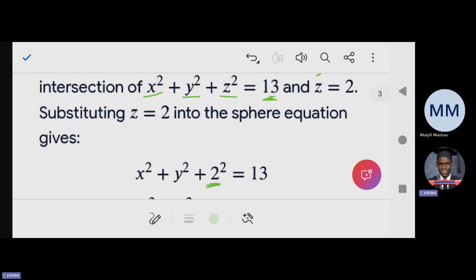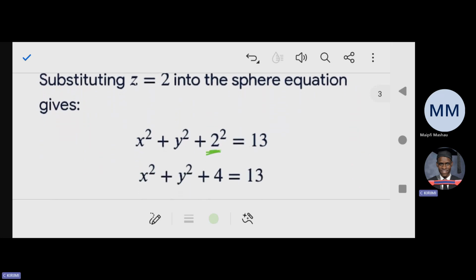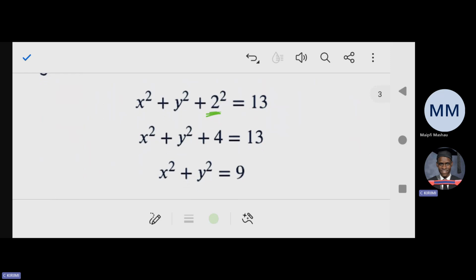All right. Now we have replaced Z with a 2. Now the equation comes back to the equation of a circle. So X squared plus Y squared plus 4 equals 13. Then you simplify: X squared plus Y squared equals 9.